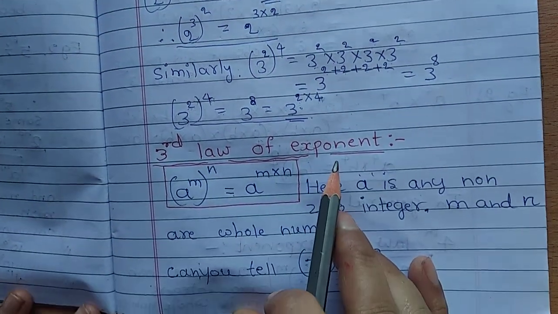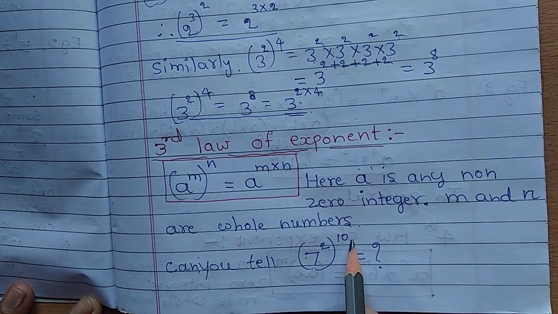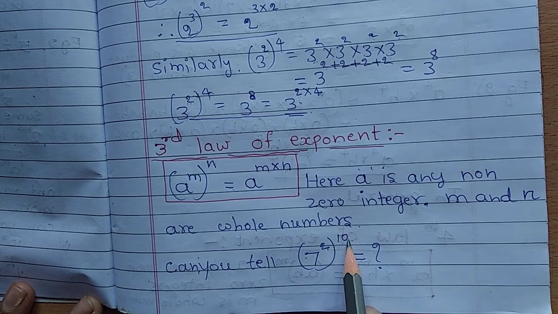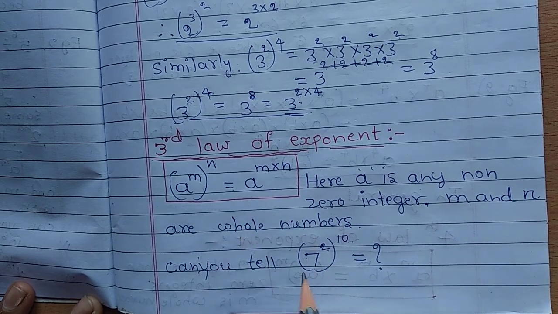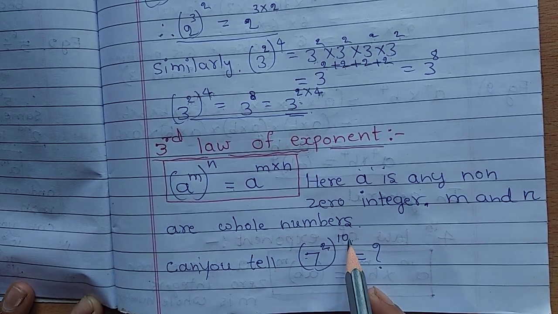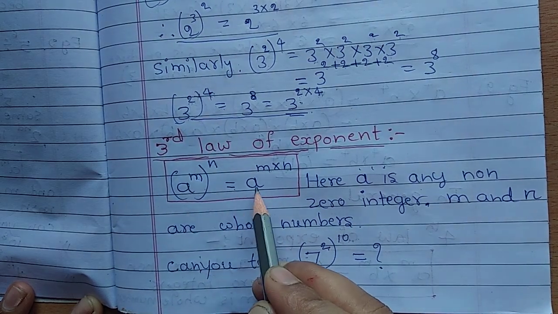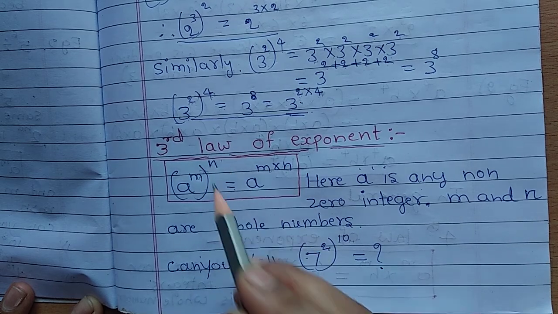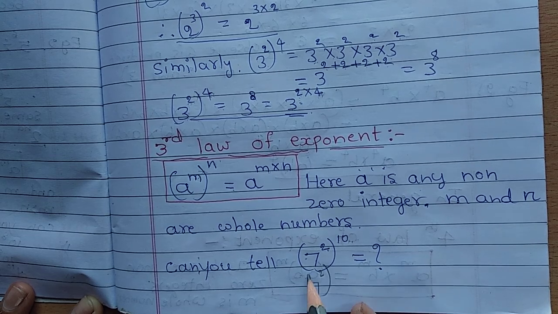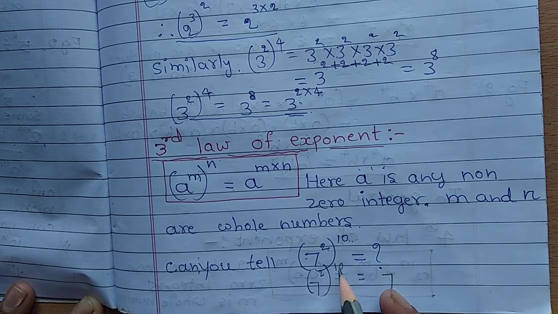So using this law, can you tell (7 square) whole raised to the power of 10? Can you use this law here? It is exactly the same as this law. (A raised to m) whole raised to n is equal to a raised to m into n. Here also, (7 square) whole raised to 10 is equal to 7 raised to 2 into 10.